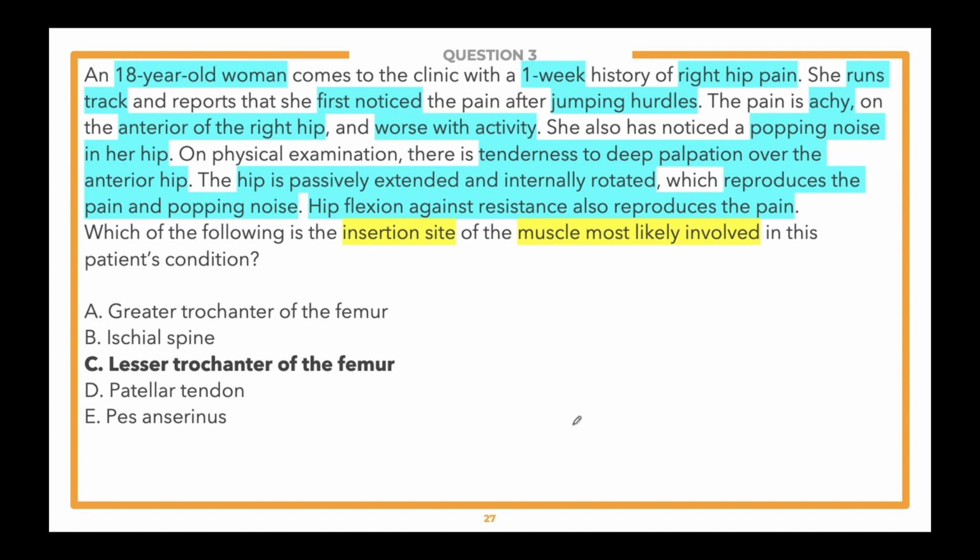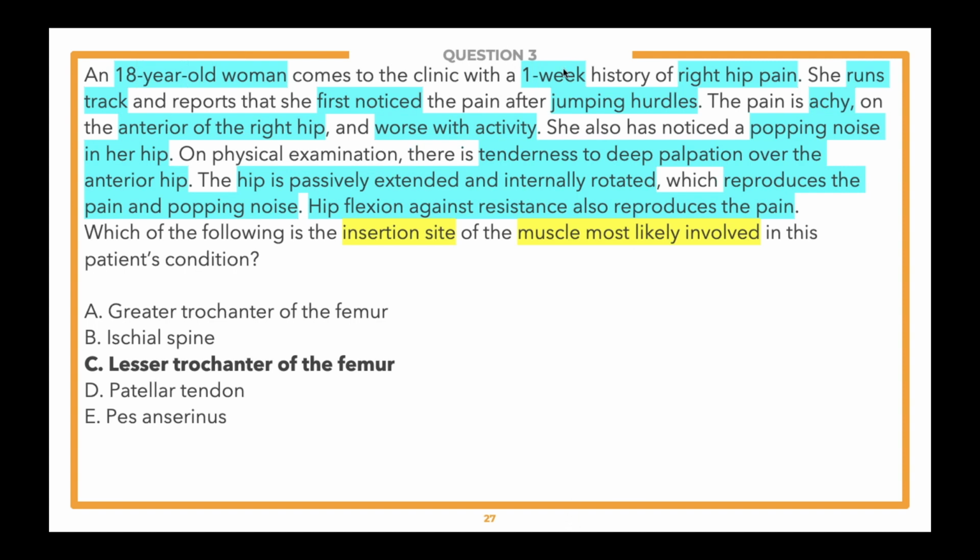The ischial spine is where your coccygeus muscle attaches, and some of your pelvic floor muscles, so a little bit different. And then lastly, greater trochanter. This is the insertion point for some of your gluteus muscles, your gluteus medius, your gluteus minimus, and your obturator internus. So also different functions there.